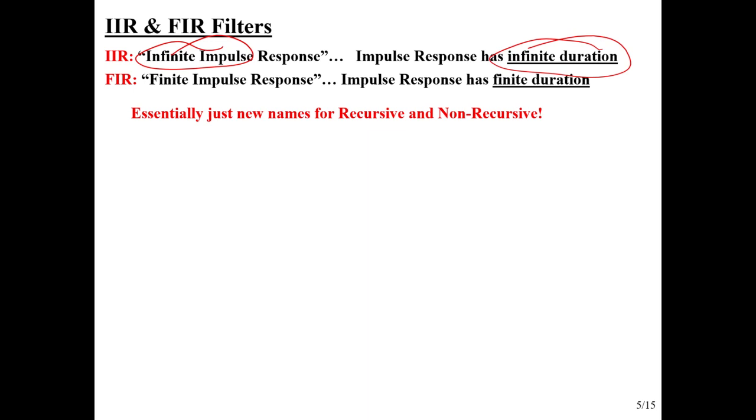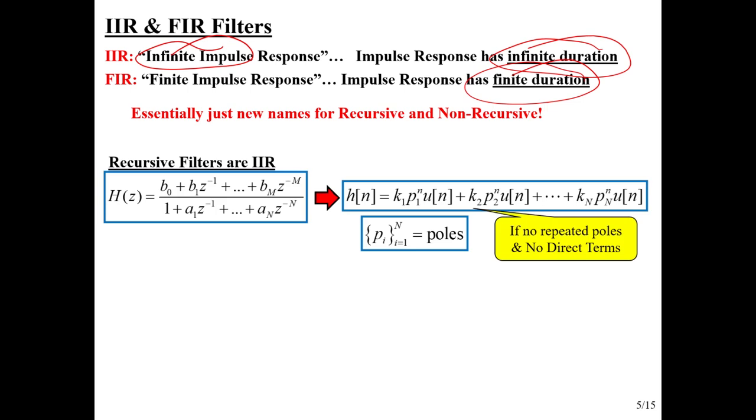But theoretically, it never really does that. It just asymptotically goes to zero. Whereas a finite duration impulse response literally has a finite duration. It's non-zero only over a finite set of integer index values. And outside of that, it goes to zero and stays at zero. And it doesn't have to asymptotically go to zero.